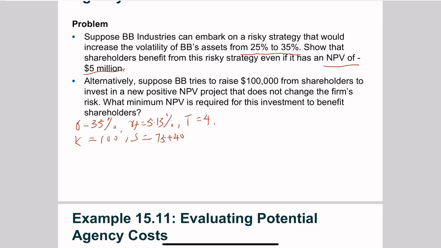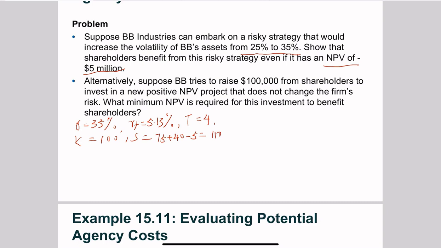But now because of this NPV project, the value of the firm decreases by $5 million. So we have to use a minus 5 here. This would give us 110. So basically you can see that we now have all 5 inputs.